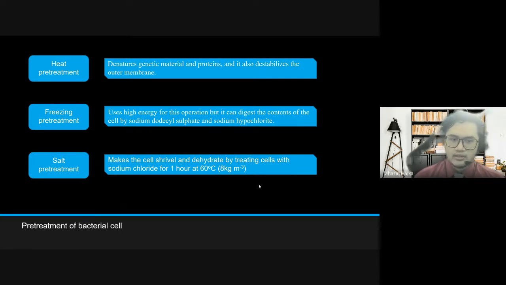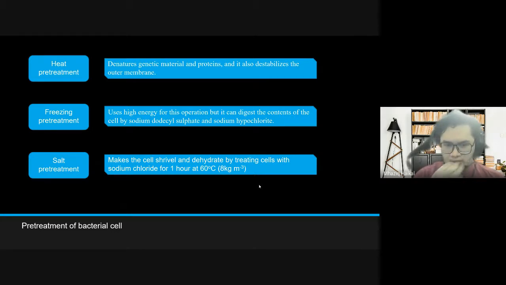Then freezing pre-treatment, which uses high energy for this operation. However, it is used to digest the contents of the cell by using sodium dodecyl sulfate, or SDS for short, and sodium hypochlorite. This freezing treatment can also be used to store the bacterial cells for further use under lower temperature. I'm sorry for the cough.